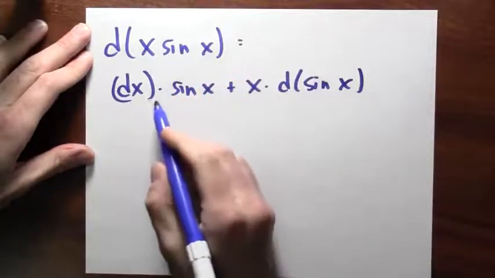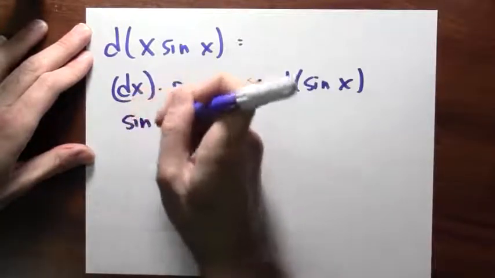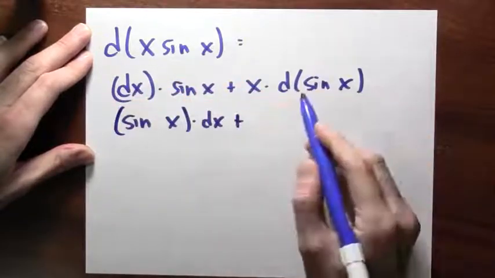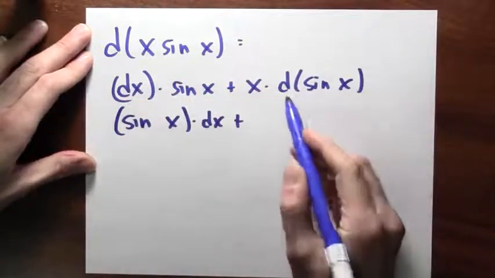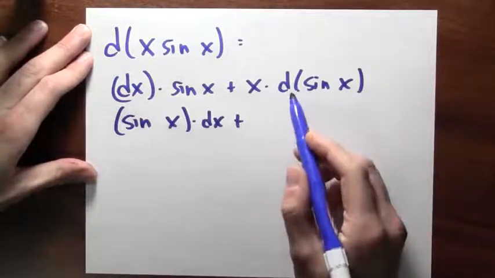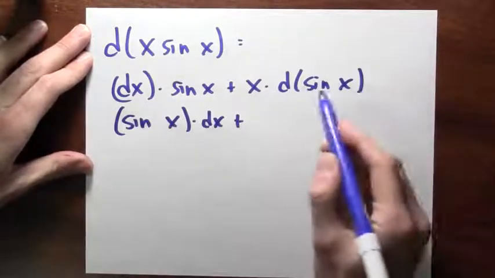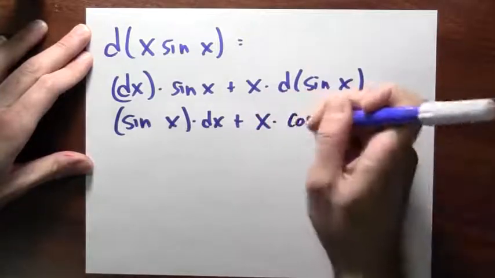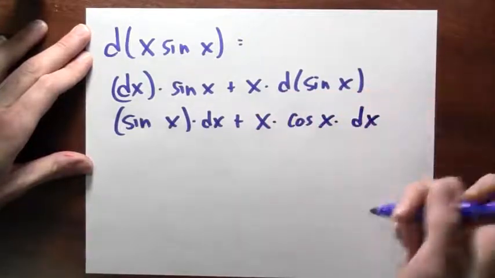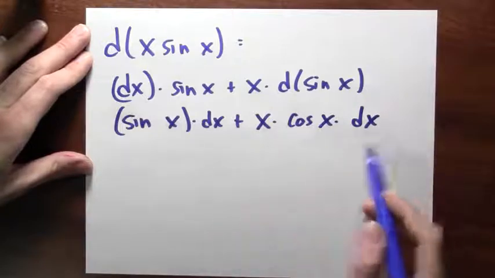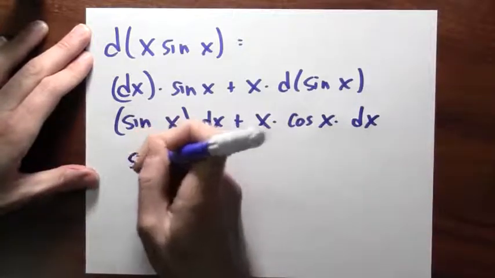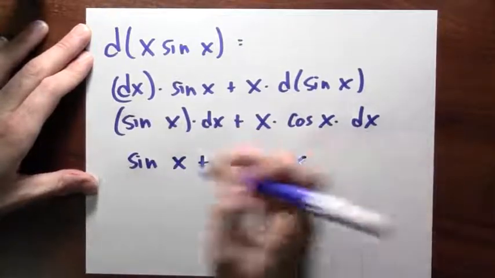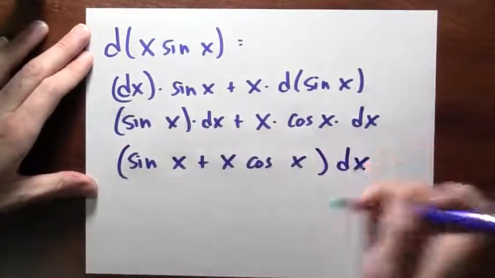Now, instead of writing dx times sine x, I could write that as sine x dx. And what's d of sine of x? Well, this is d of a function. And remember, how do I take d of a function? It's the derivative times dx. So this is x times the derivative, which is cosine x, times dx. Now, if I like, I could factor out the dx, and I could write this as sine x plus x cosine x, all times dx.